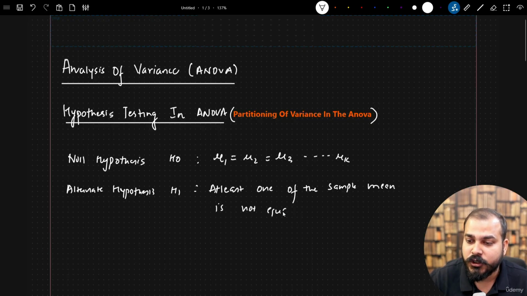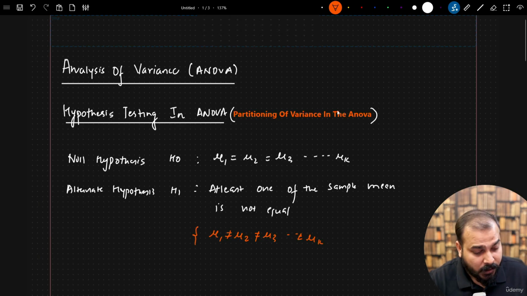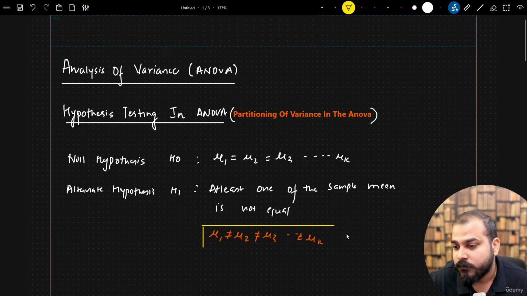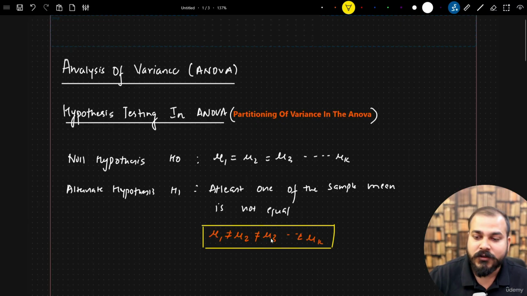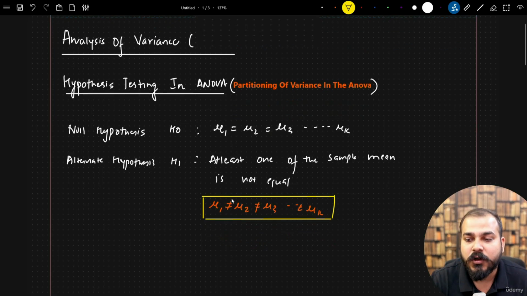Now you may be thinking, Krish, why can't we just write a notation like mu1 is not equal to mu2 is not equal to mu3 up to mu k? Understand one thing, guys, we cannot write like this, because in this case we are strictly saying that one mean is not equal to the other mean, which is not equal to the other mean. But above I have just written that at least one of the means is not equal.